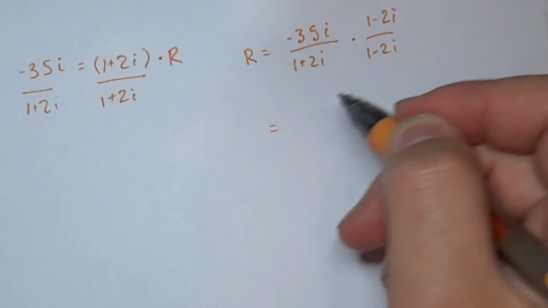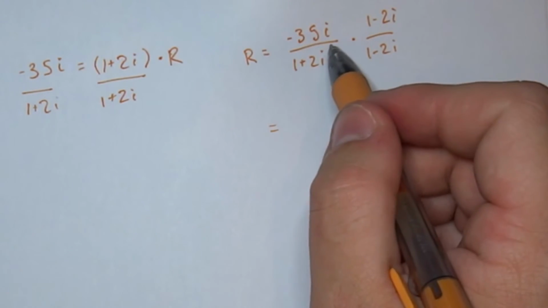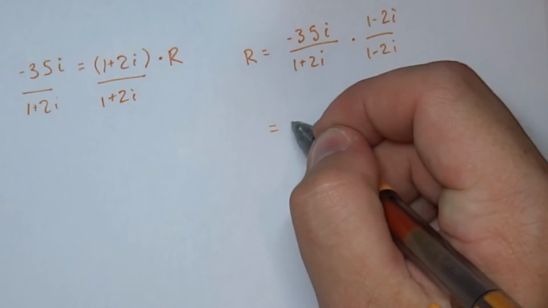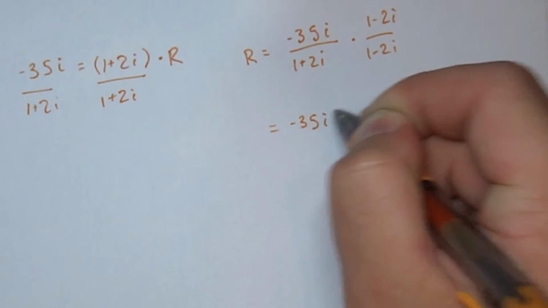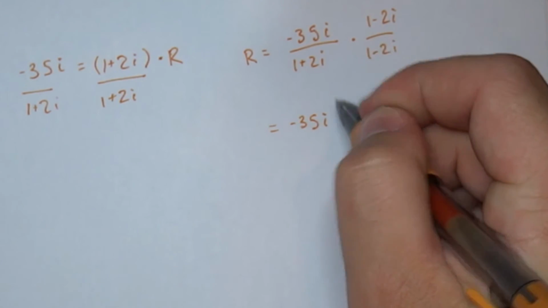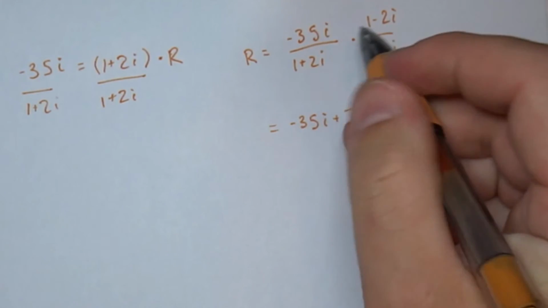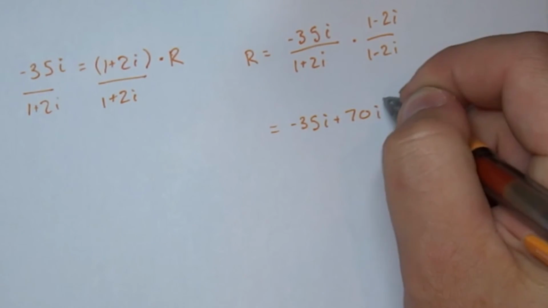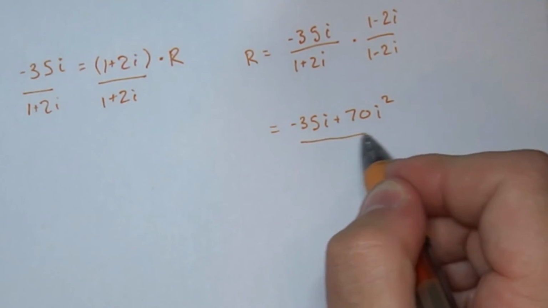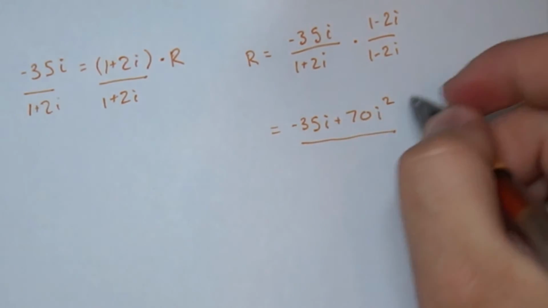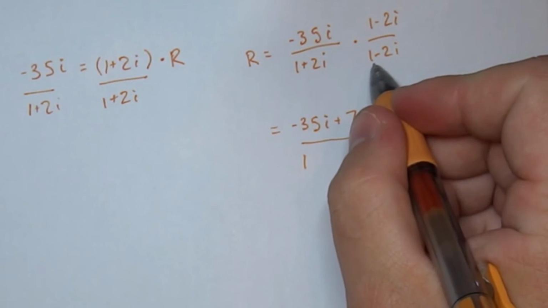Well, negative 35i times 1 minus 2i, I'm going to distribute that. That's going to give me negative 35i. Negative 35 times negative 2 is going to give me plus 70 i squared over 1 times 1 is 1. 2i minus 2i cancels out.